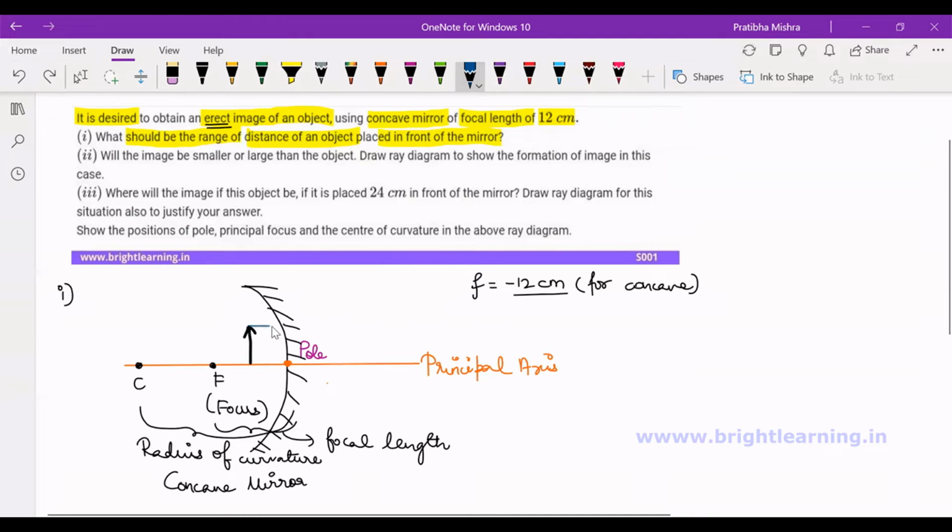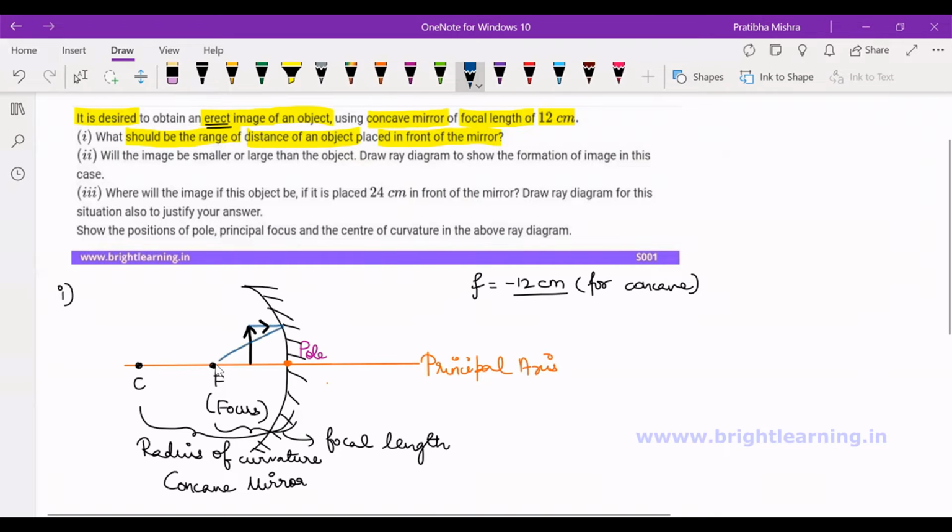Any ray which is parallel to the principal axis will pass through the other points, right? So basically, if I'm drawing an incident ray and I want this incident ray to pass through the point of focus itself, I will do that.